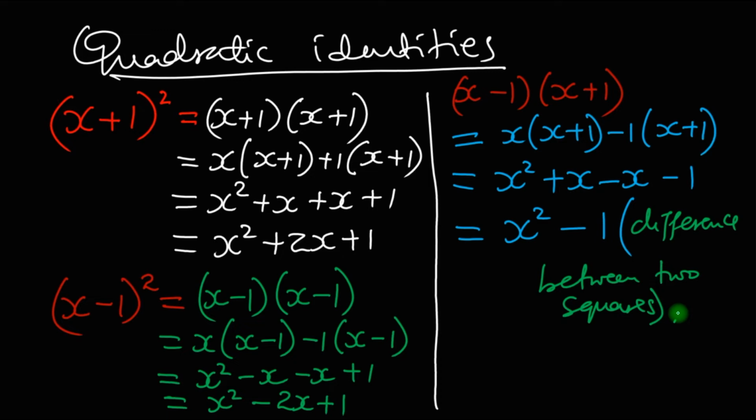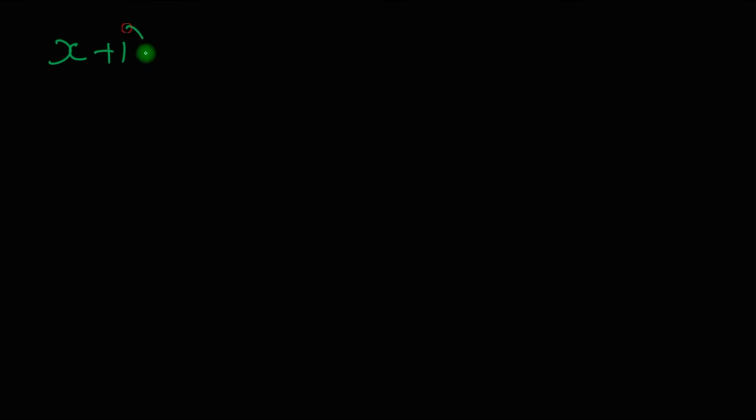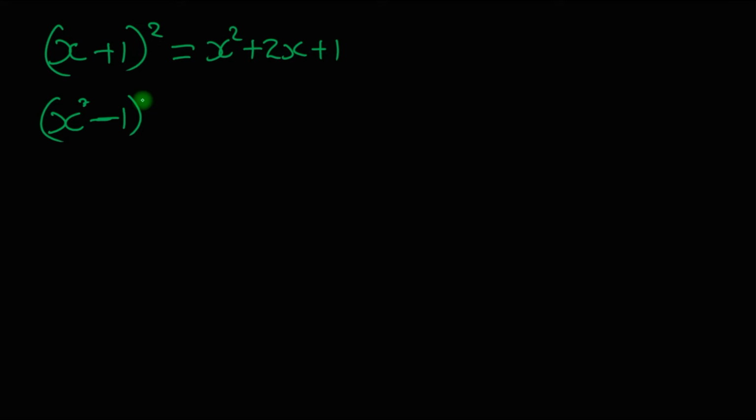Therefore, from what we now have, x plus 1 squared, in the expanded form, is x squared plus 2x plus 1. The same case applies to x minus 1 squared.